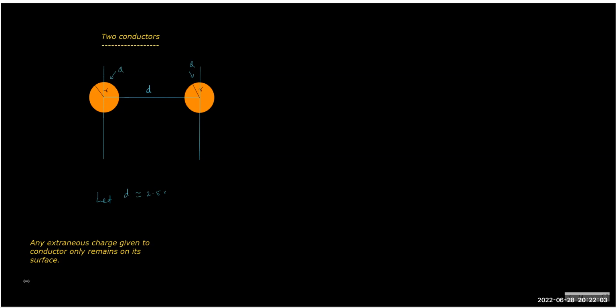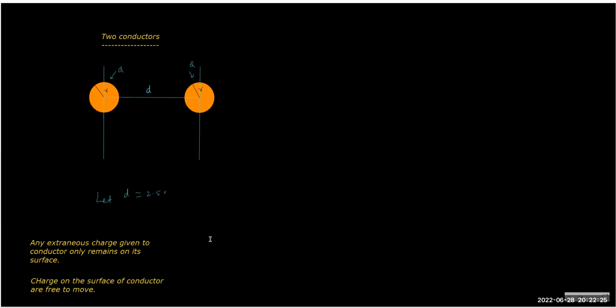The second point we can add is that charge on the surface of a conductor is free to move. I mean, if they want, they can move.